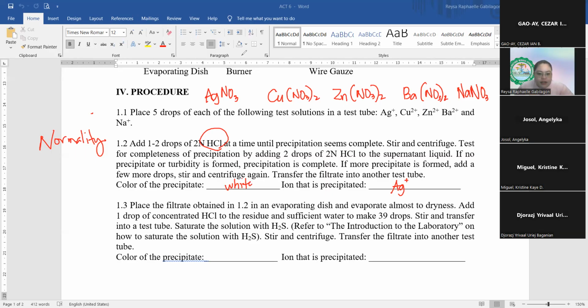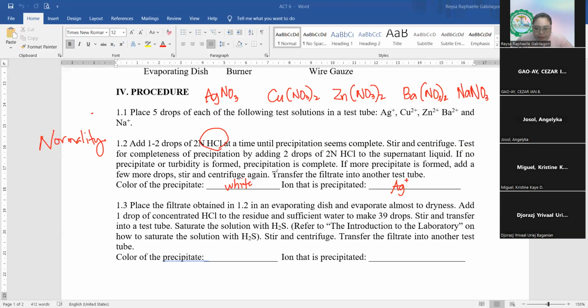Okay, next. After that, we transferred the other ions into an evaporating dish and evaporated to dryness.